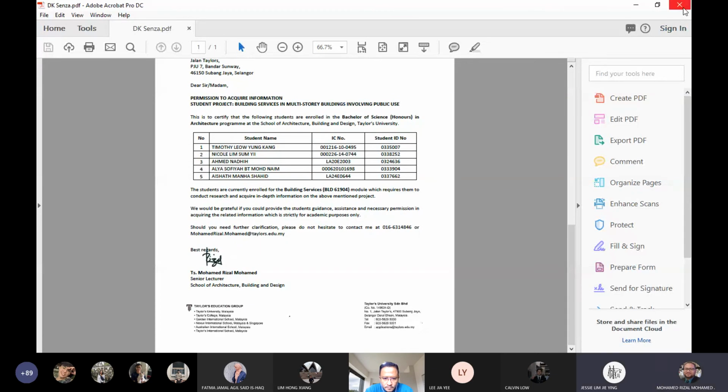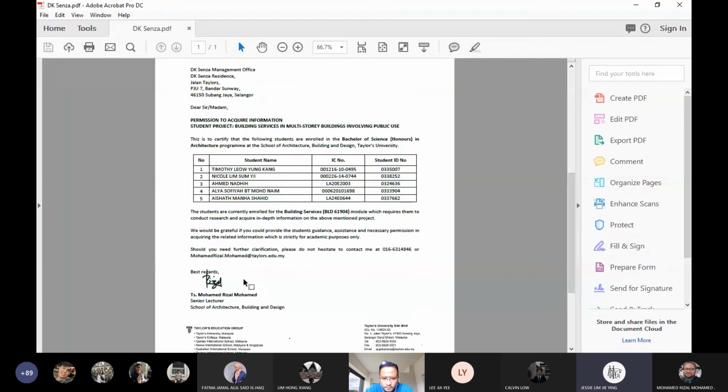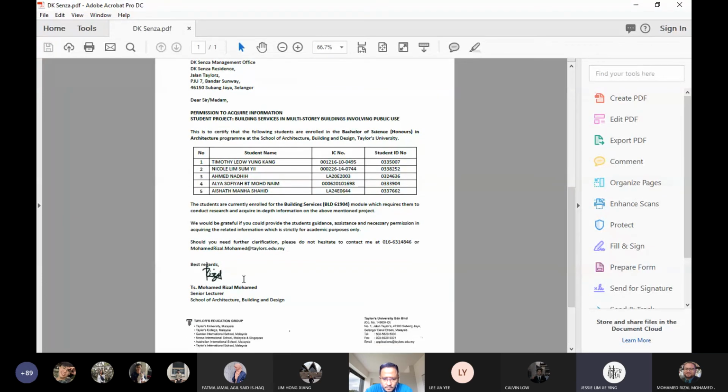Sir, does that mean for the buildings, we need to contact the building management first? Yes, you need to get permission. You cannot just go there and show the letters. Sometimes people don't like that. You need to email them and get feedback from them.